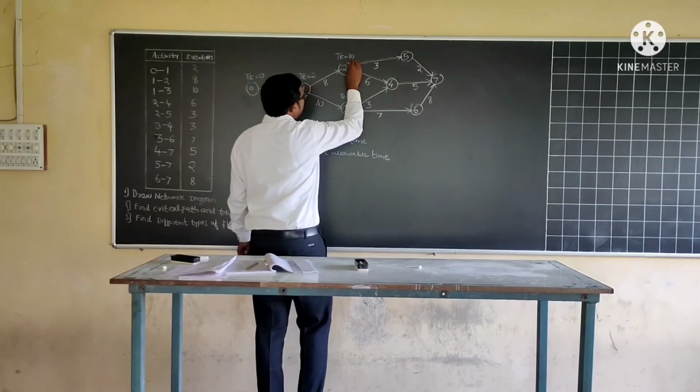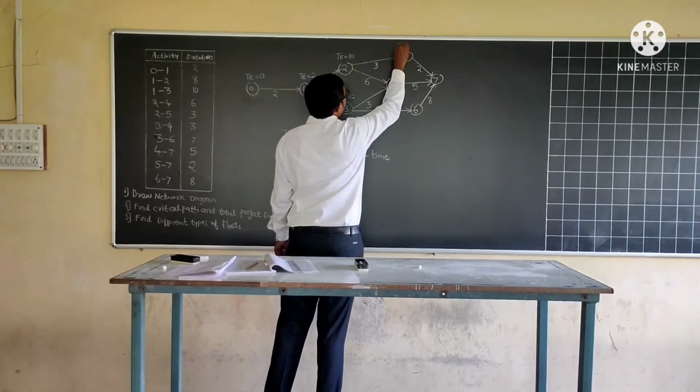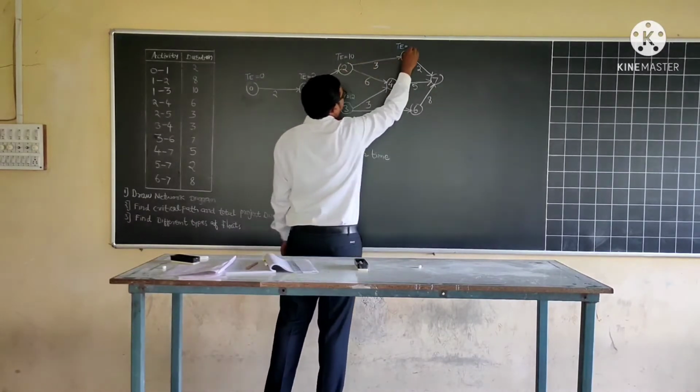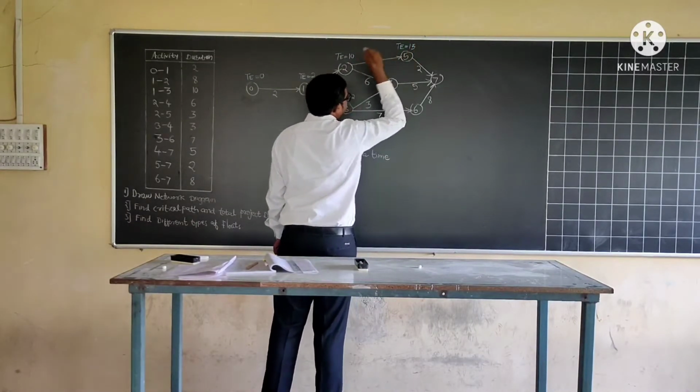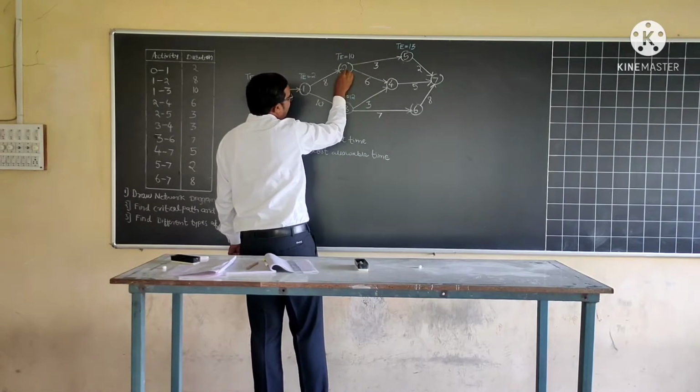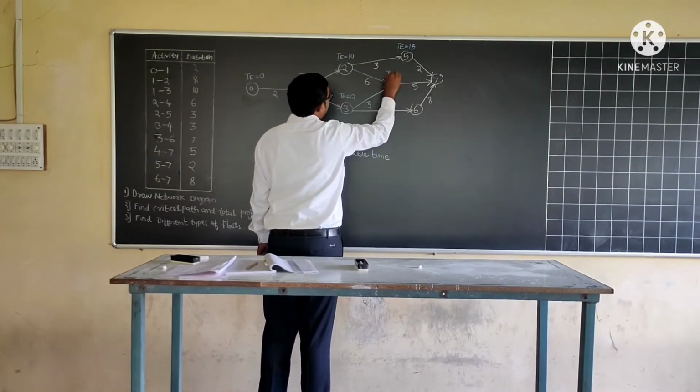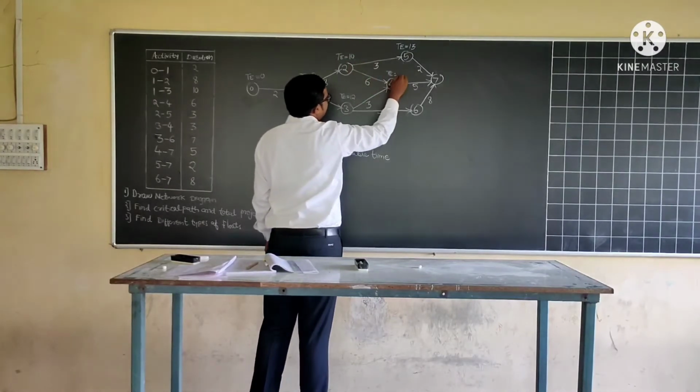For 2 to 5, 10 plus 3, 13. For activity 2 to 4, TE value will be 10 plus 6, 16.